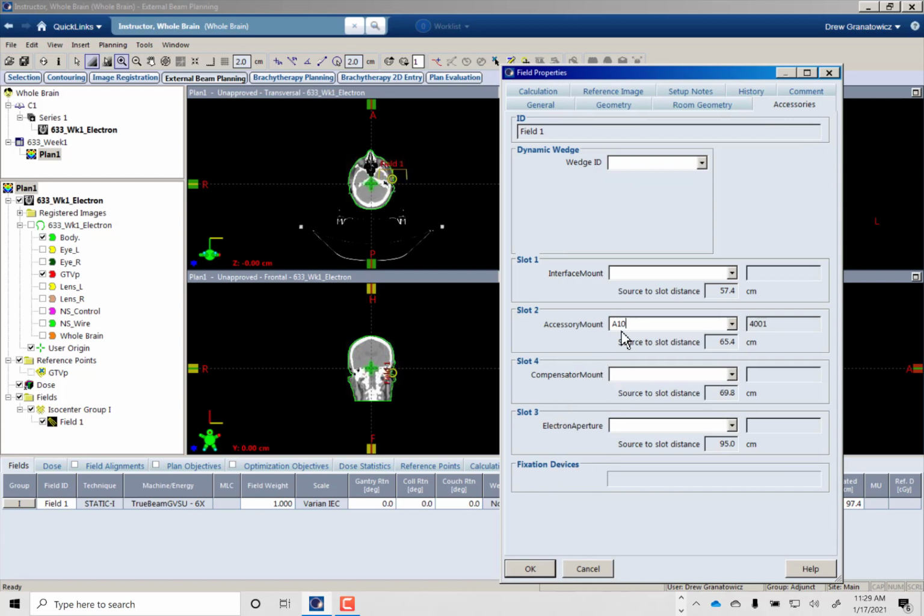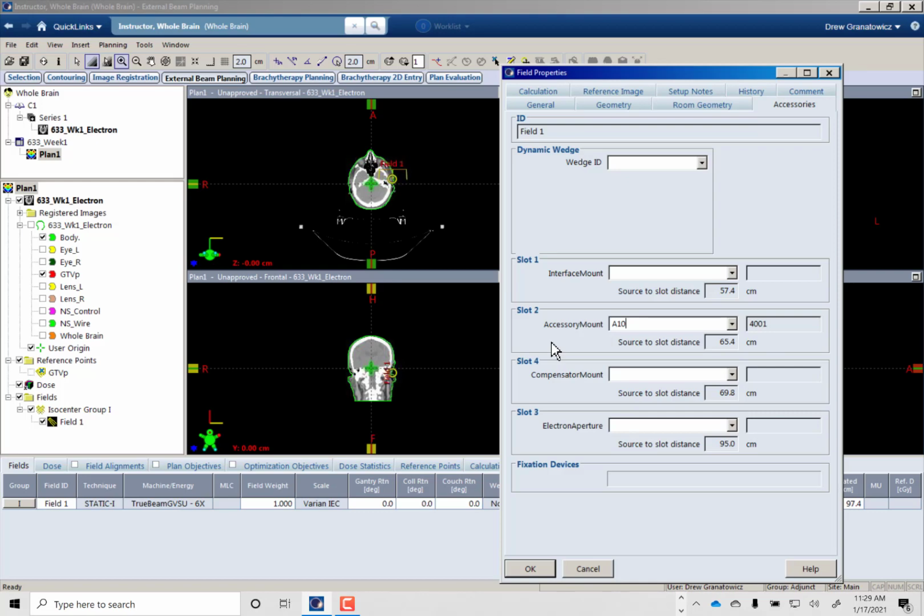It's important to always use the smallest cone size that you think you can get away with, because those blocks can get really heavy. And if you're using one that's unnecessarily big or heavy, A, it's going to affect your calculation a little bit, the scatter and stuff like that, but B, it just makes it heavy. So the worry is always accidentally dropping one of these on a patient.